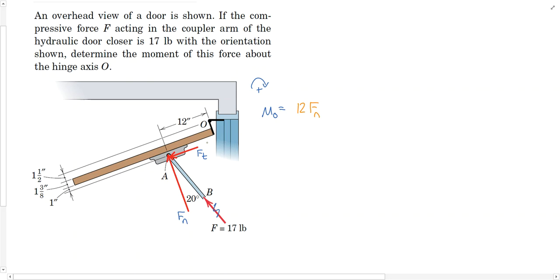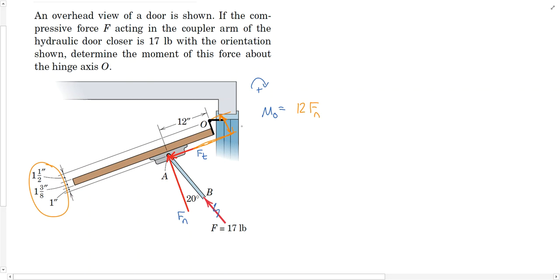And then for Ft, if I look at its line of action in space, it misses point O by this distance here, and that distance is really the sum of these three dimensions: 1.5 to get me from O to the plane, 1 3/8 for the thickness of the door, and then 1 inch out here to this point where I know that Ft is applied.